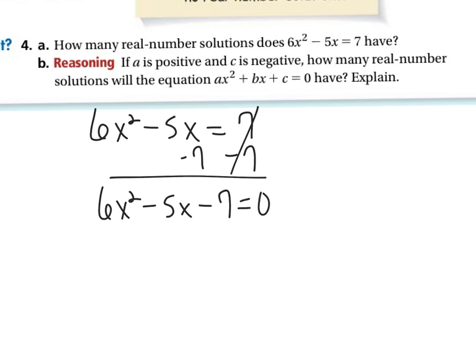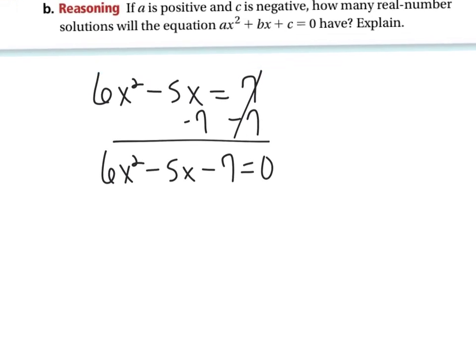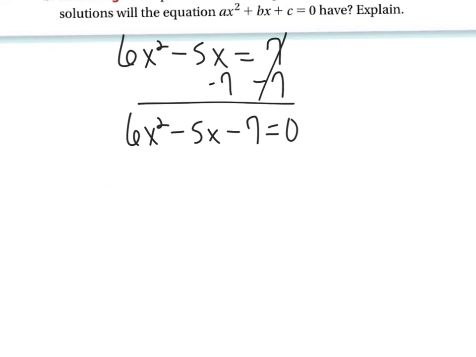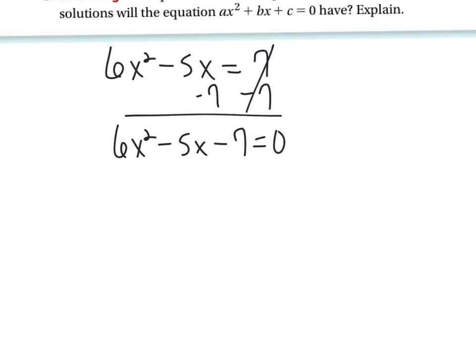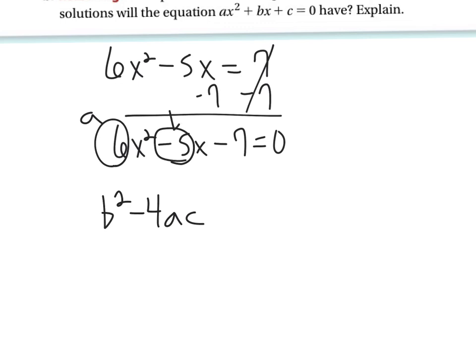Again, we're just looking at how many real number solutions it has, so we're just looking at the discriminant. So b squared minus 4ac is what we're looking at here. Our a value is 6, b value is negative 5, and c value is negative 7.